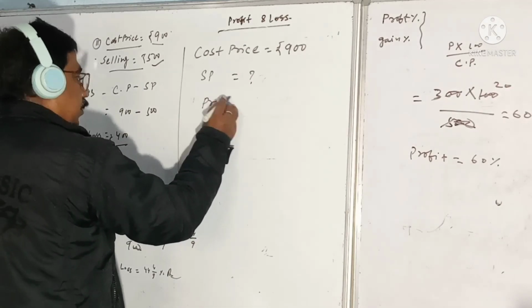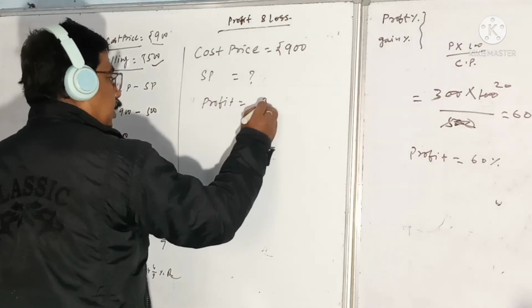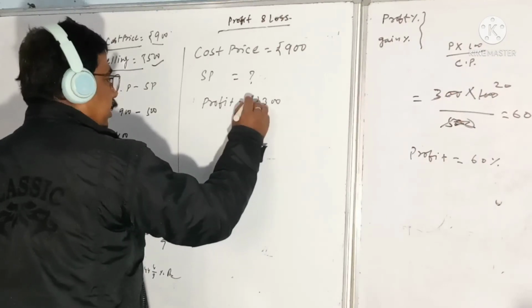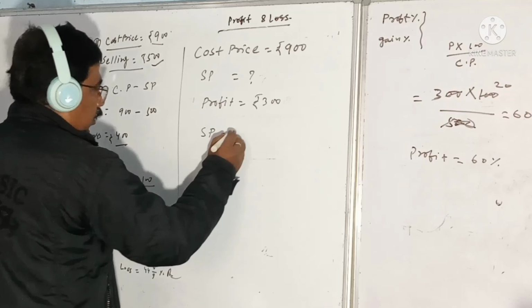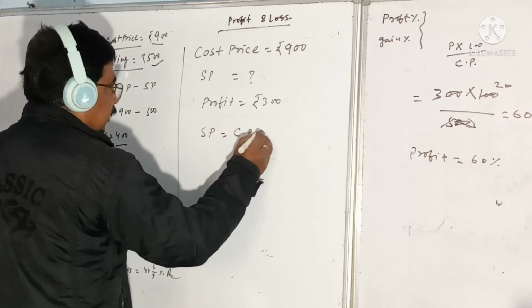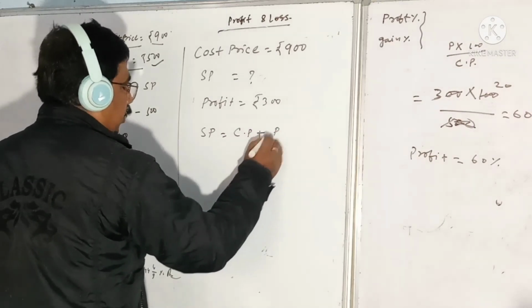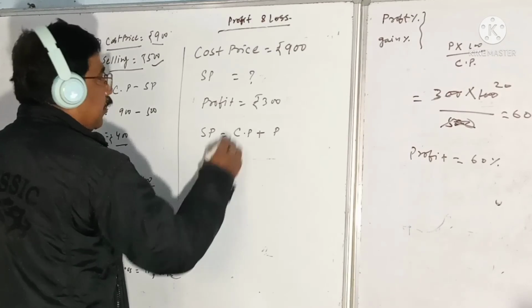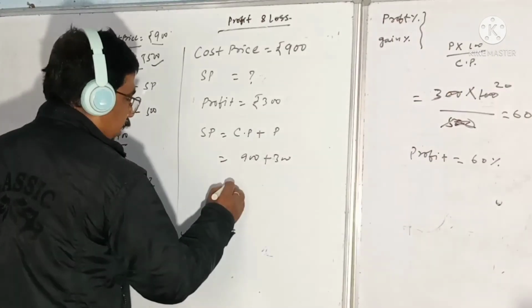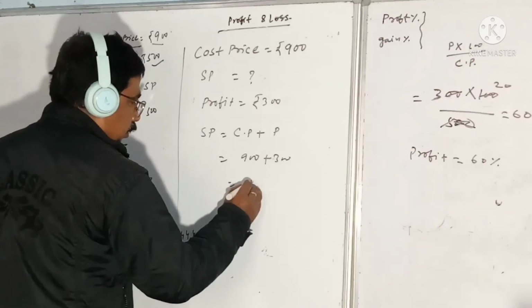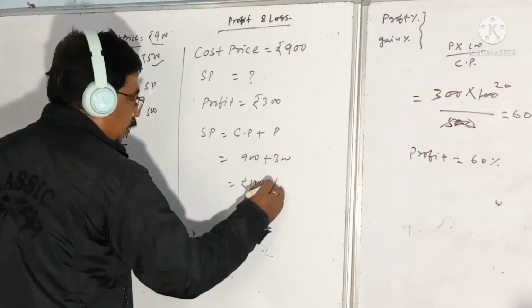Profit is equal to 300 rupees or dollars. Now SP is equal to cost price plus profit, then 900 plus 300 is equal to 1200 rupees or dollars.